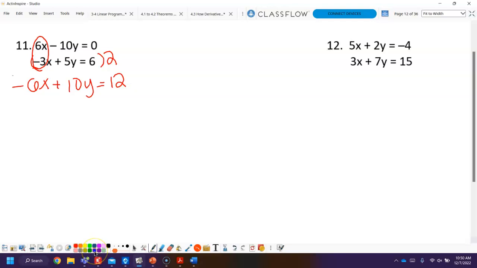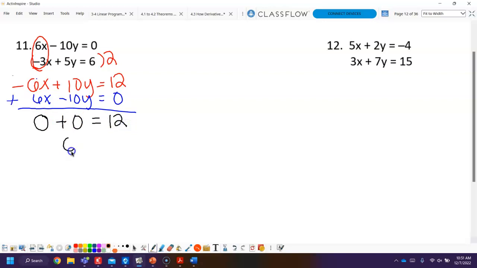I'm going to add to it the top equation. So 6x minus 6x is 0. 10y minus 10y is 0. But 12 plus 0 is 12. So this time I get 0 equals 12.